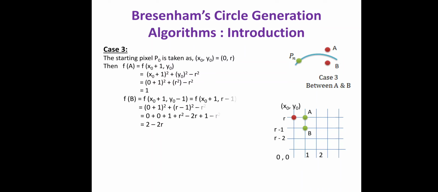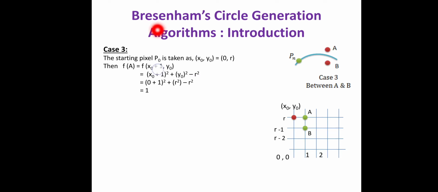What I am going to do here is solve the equation of a circle, that is x square plus y square minus r square. I will put the coordinates x plus 1 and y into this equation. So it becomes (x0 plus 1) whole square plus (y0) whole square minus r square. What is the initial value of x0? It is 0.